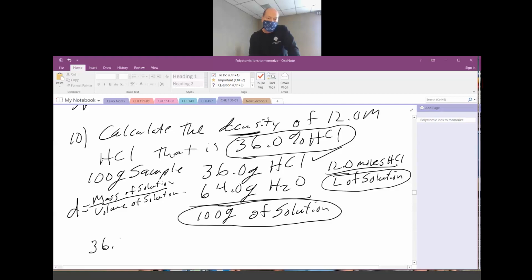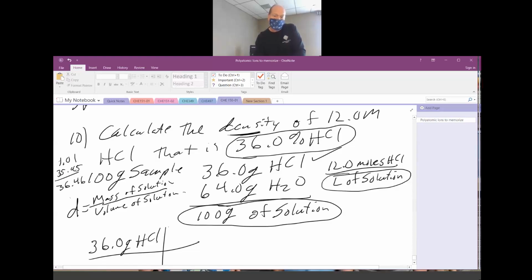So you take your 36.0 grams of HCl and convert that into moles. You look at the periodic table: H is 1.01, chlorine is 35.45, so this is 36.46 as a molar mass. So you have 36.46 grams of HCl per mole of HCl.